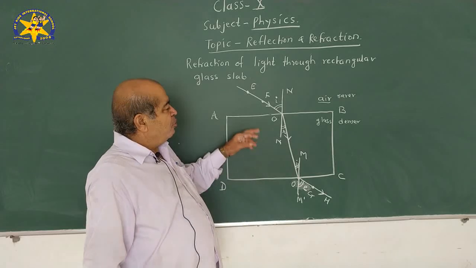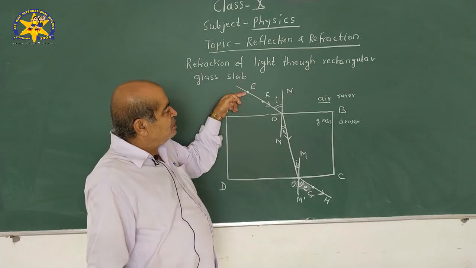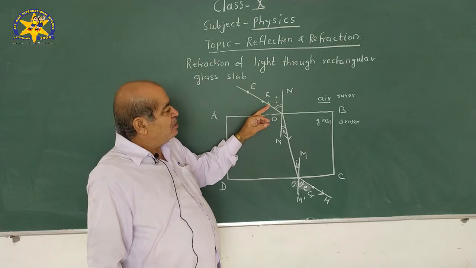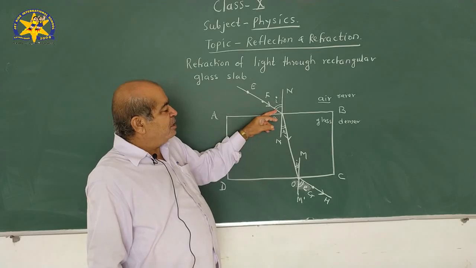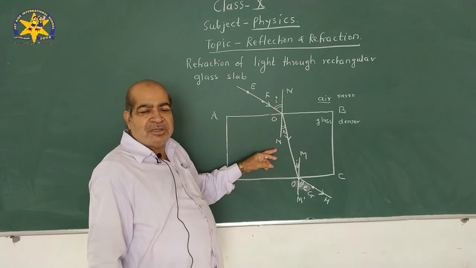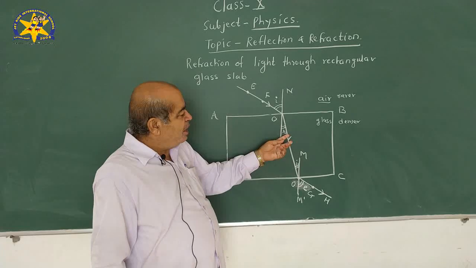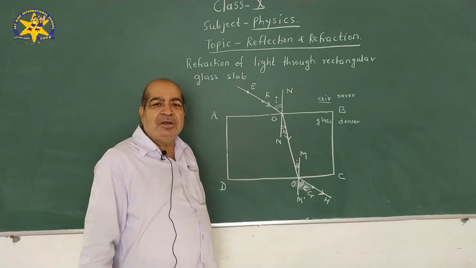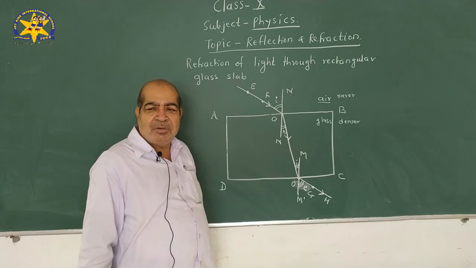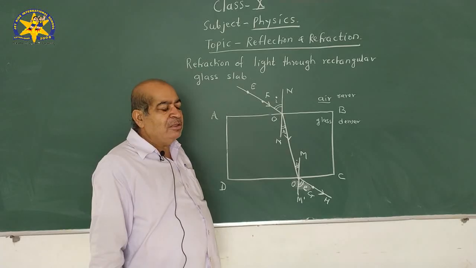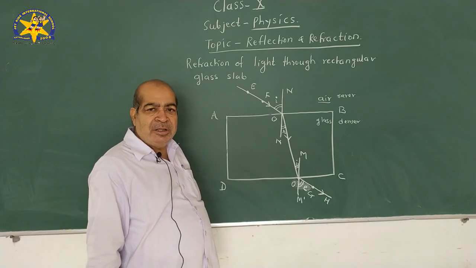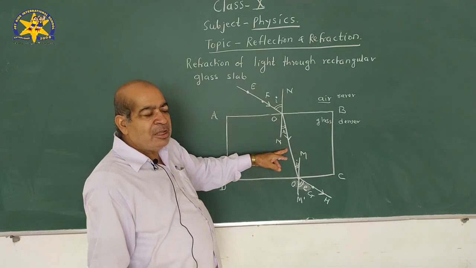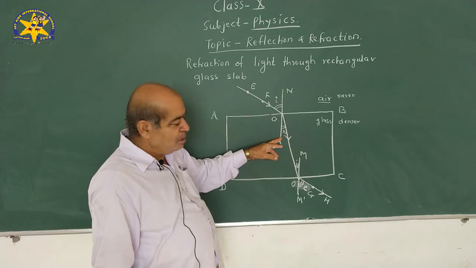When light is incident obliquely and travels from the rarer medium to the denser medium, it bends towards the normal.